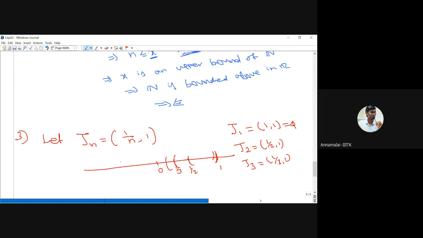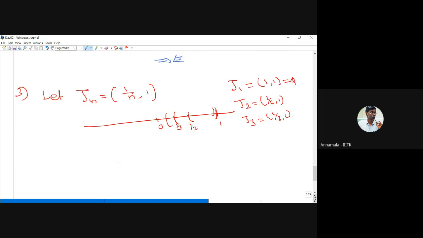Now take the union of all the Jn's. What will you get? The union of all the Jn's, where n in N. This is J1, this is J2, J3, J4 and J5. If you take all the unions, it covers the entire space from 0 to 1, but here 1 is open. Therefore this is nothing but the open interval (0, 1).